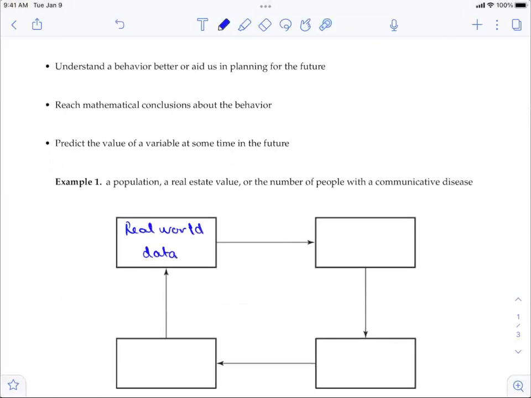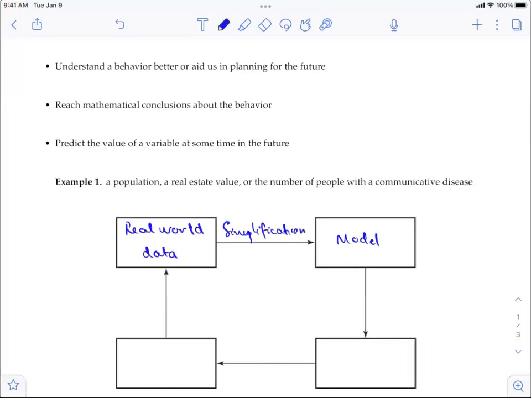We don't just use all of the information given to us from the world. You have to do some simplifications to come up with some reasonable model.